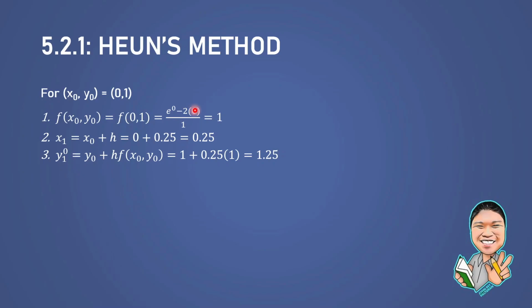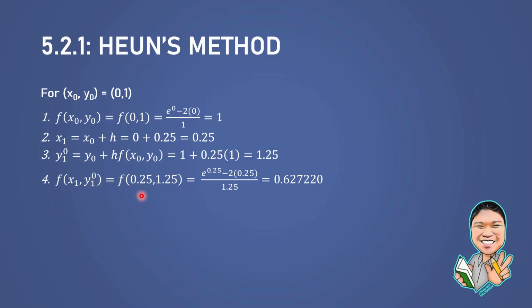So, yung y0 natin is 1, yung original given ito, plus yung h is 0.25, and yung value ng function, class, from step 1, that is equal to 1. Kaya, ang sagot natin ay equal sa 1.25. So, next is hanapin natin itong value nito, f of x sub 1, y sub 1 raised to 0.